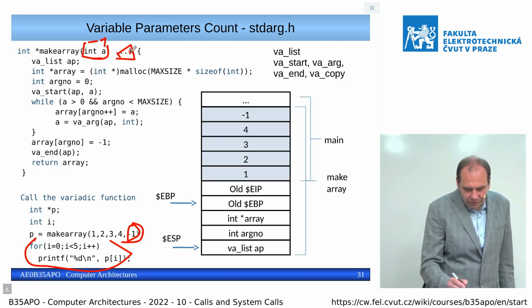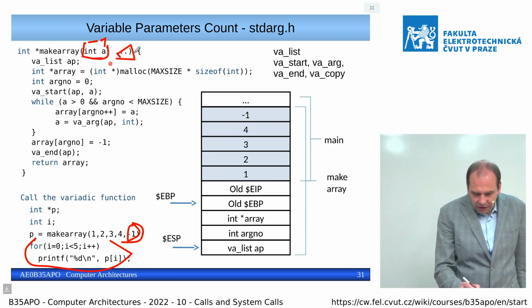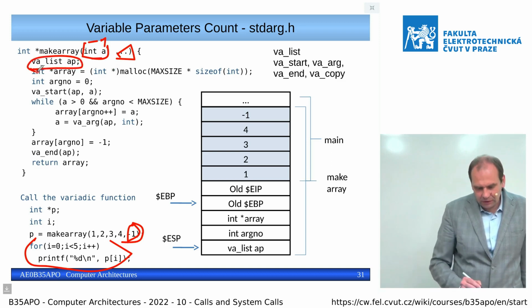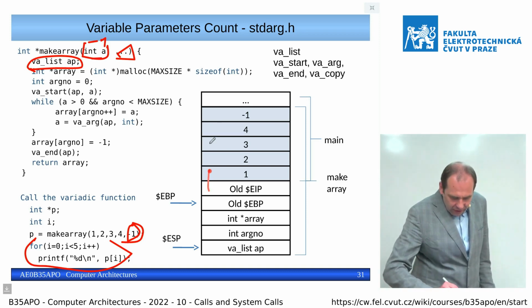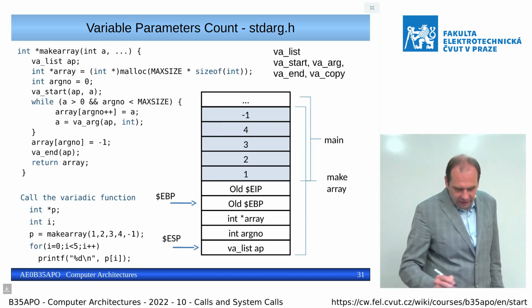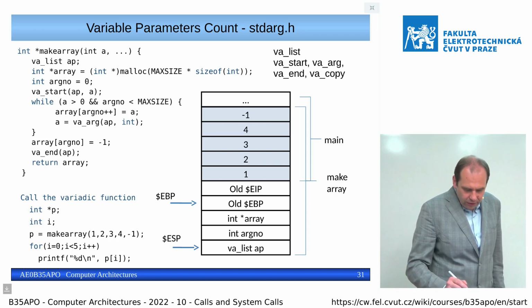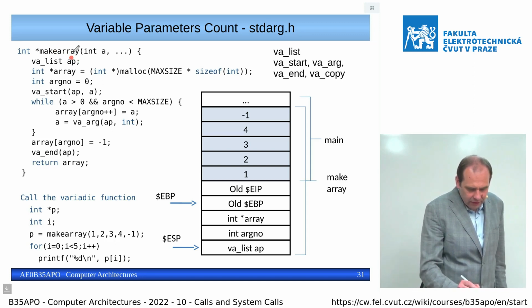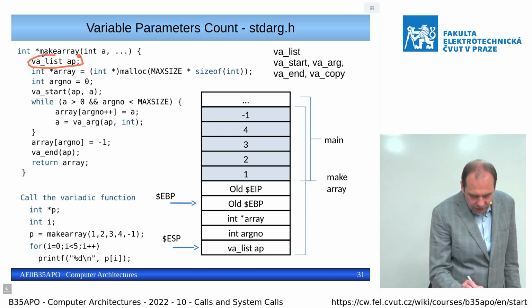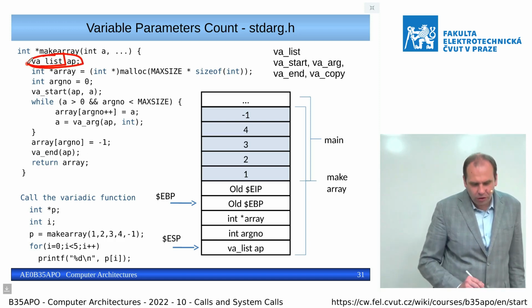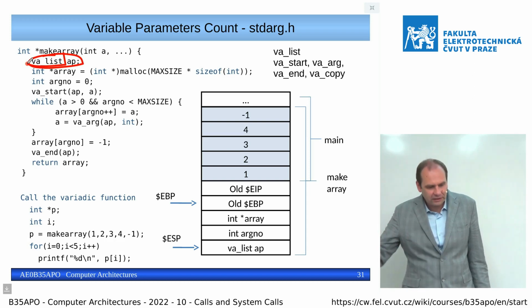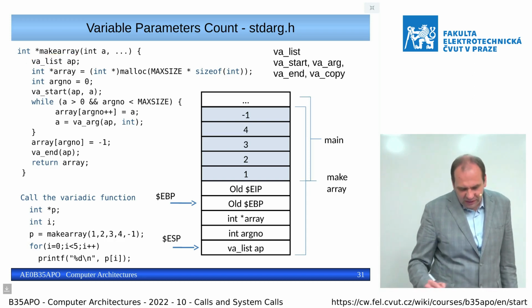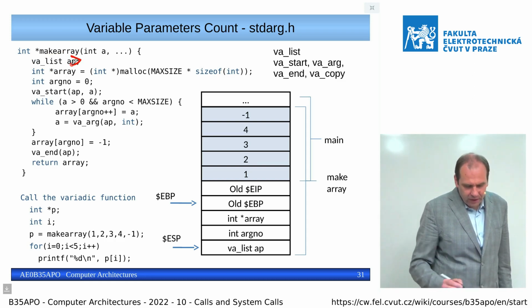And what do we do in the function? We first need to declare the variable which allows us to iterate over the arguments. In C, if you include the stdarg header file, then you can use the special type called va_list, which means variable arguments list, and it works a little like a pointer.